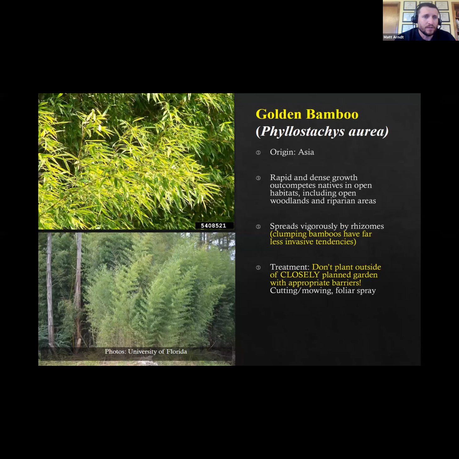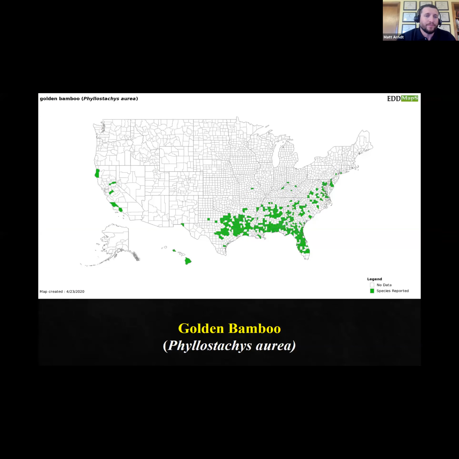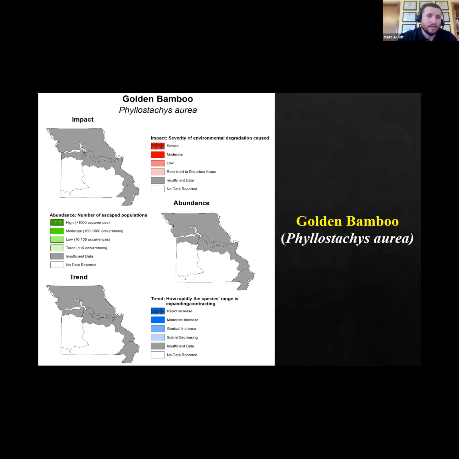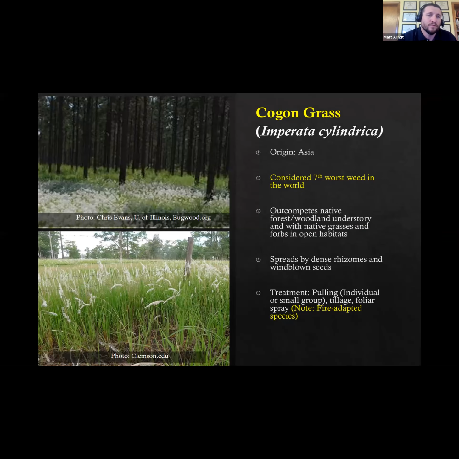Again, you can see just the consistency between the MOEP assessment and the EDDMapS on some of these. By and large, a lot of these species are moving in from the south. Some are associated with river systems, the Ohio River system coming down. The Cogongrass, this is one that I don't really have a lot of experience with personally, but a highlight on that particular species, it's considered the 7th worst weed in the world.